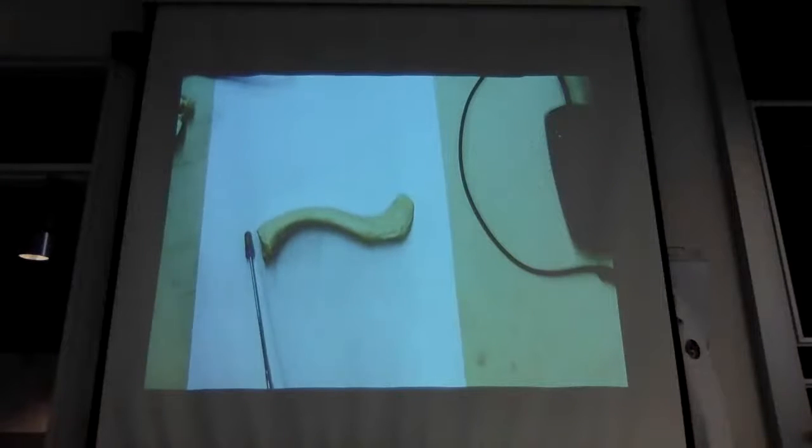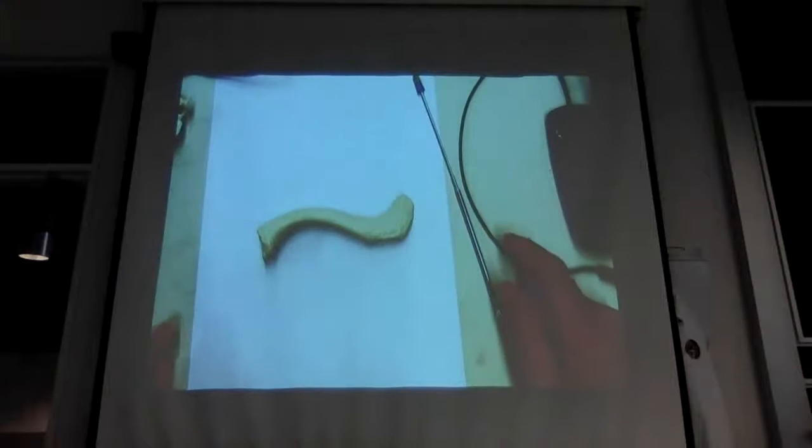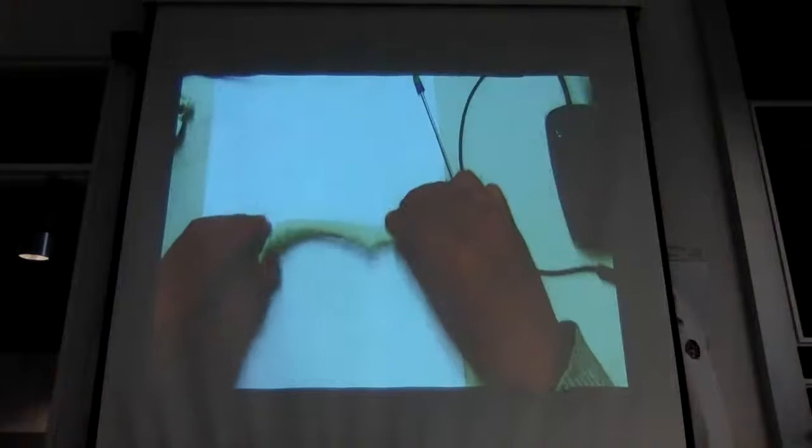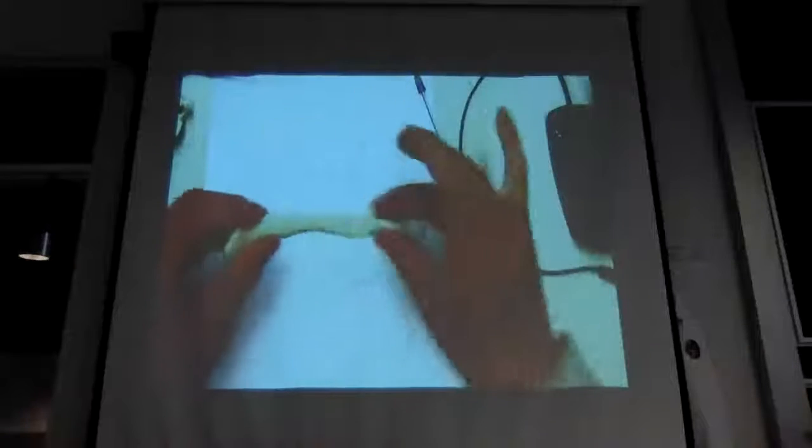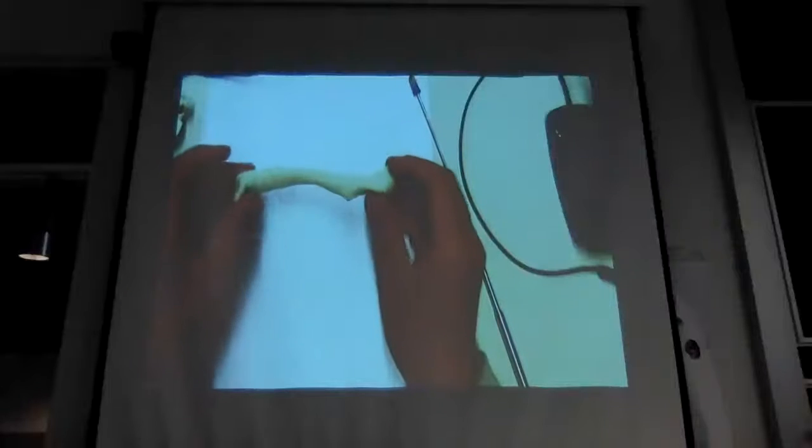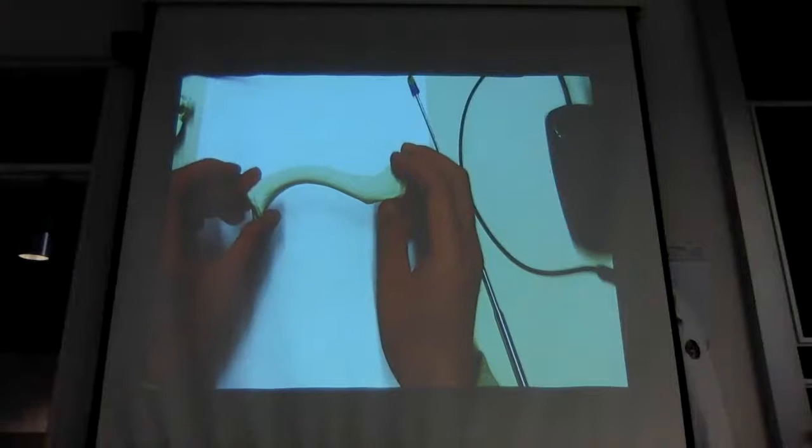So this is medial, lateral. Let's figure out superior and inferior. It's flatter on this side and this side, so one of these sides is superior, one is inferior. The smoother side is superior. Now we have to figure out left from right.